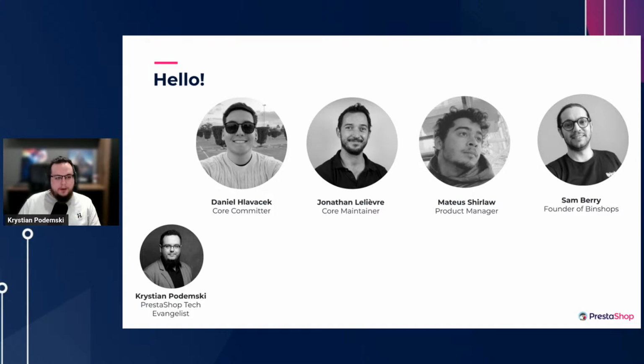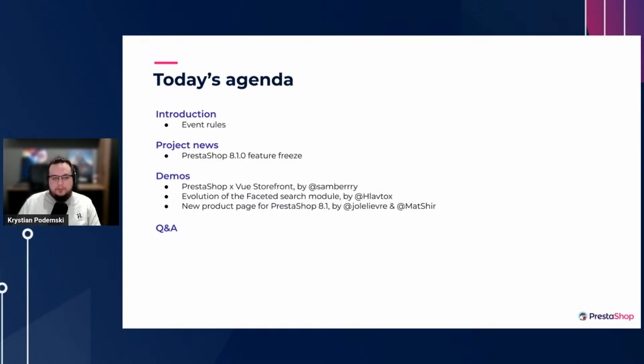So you may know what we have to show you today. But first, let's speak about today's agenda. First, I will introduce you to the event rules. Then I will share with you some news, especially about upcoming PrestaShop version. Then we will have three demos. One is from Sam, and he will show the amazing world of headless and PrestaShop with usage of his integration with Vue Storefront.